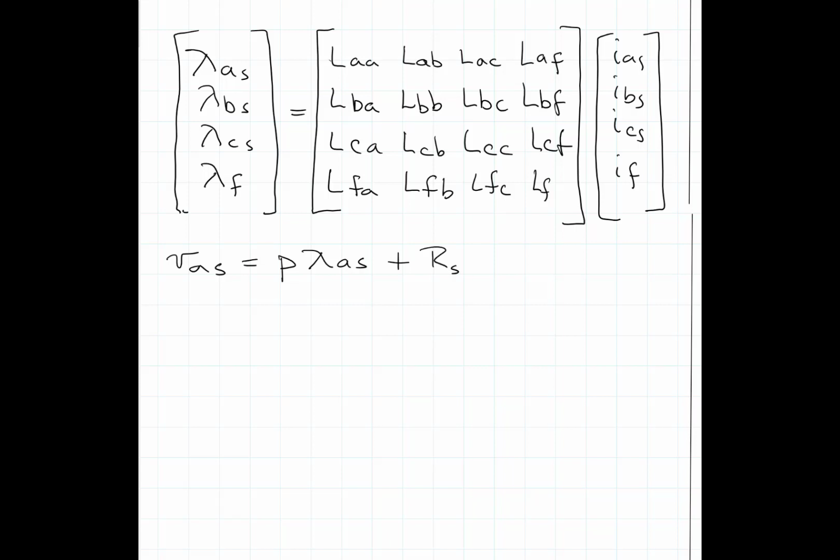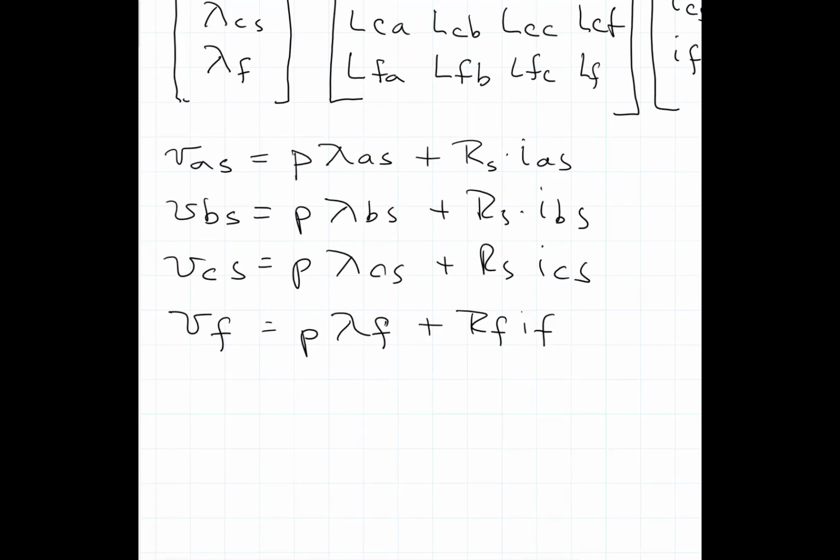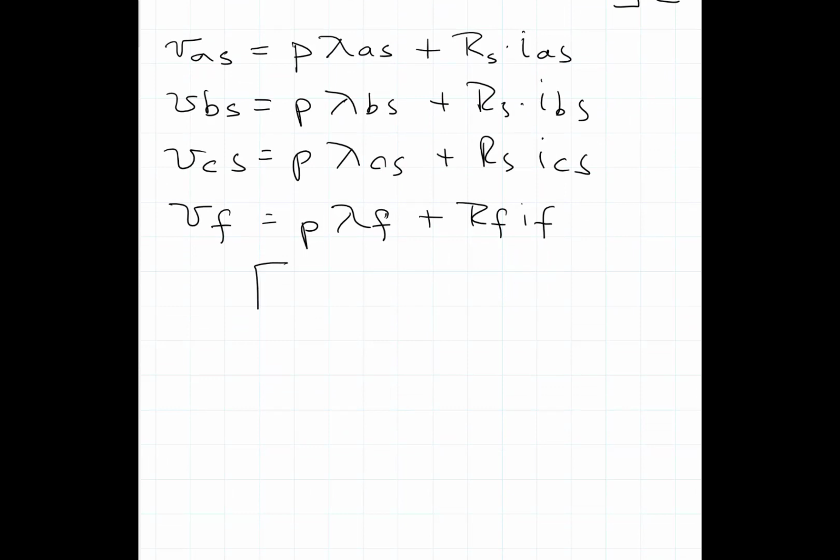The windings are symmetrical, so they all have the same resistance, R sub S: VAS equals P lambda AS plus RS IAS, VBS equals P lambda BS plus RS IBS, VCS equals P lambda CS plus RS ICS, and VF equals P lambda F plus RF IF.